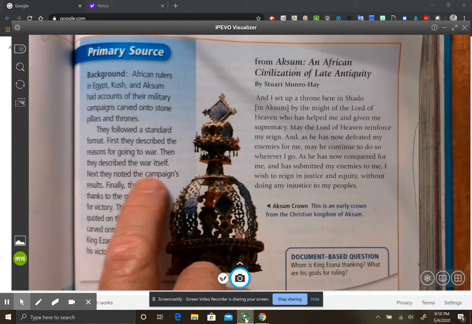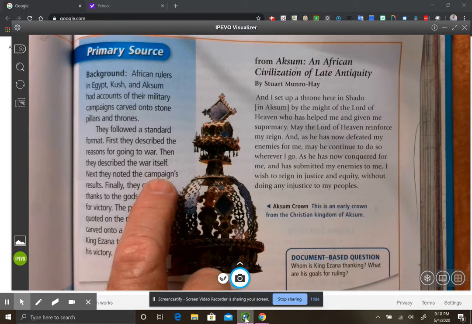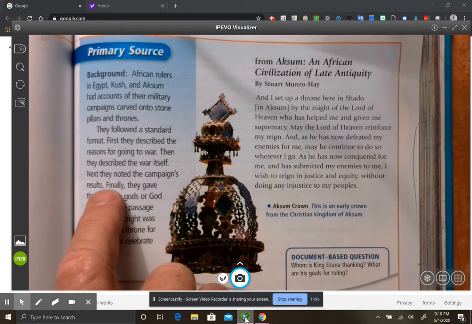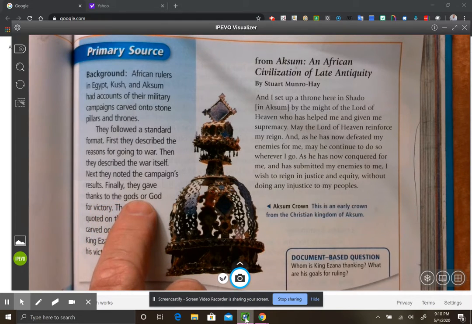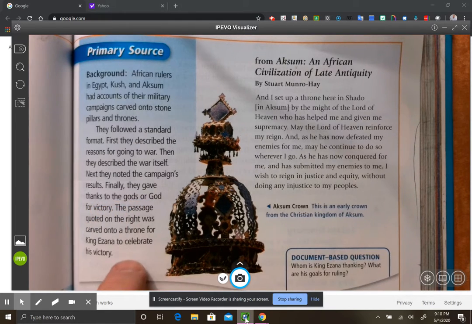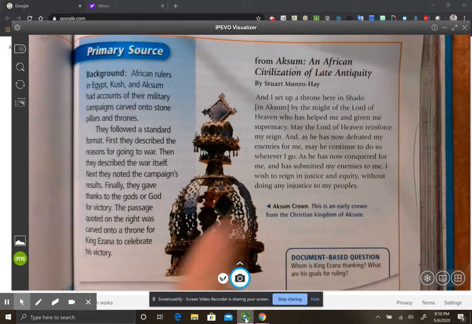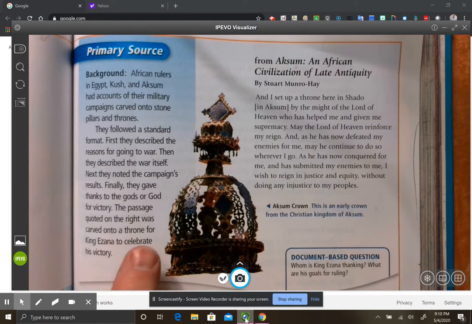Next, they noted the campaign's end results. Finally, they gave thanks to the gods or God for the victory. The passage quoted on the right was carved into a throne for King Azana to celebrate his victory.